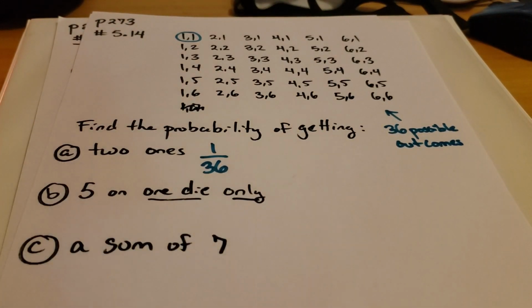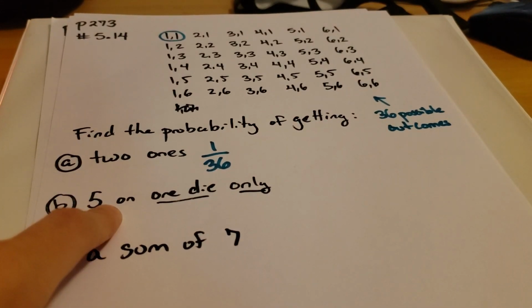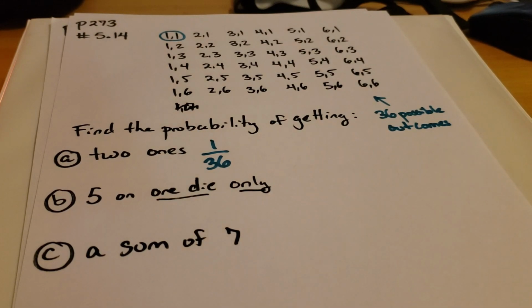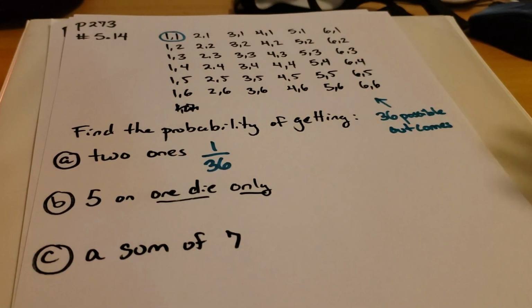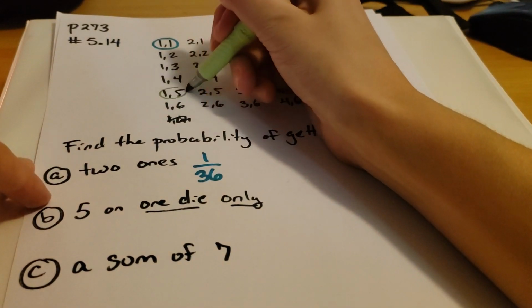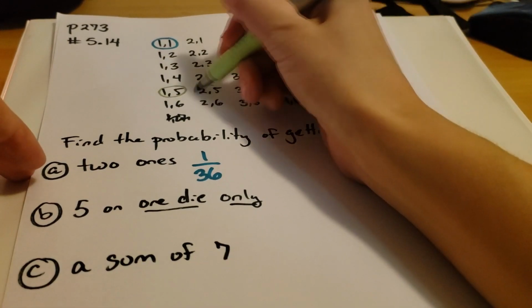Okay. Now we want to find the probability that, the way the book worded this, a 5 is on one of the dice and a different number is on the other die. So again, this is one that's kind of hard to try and list all of the possible ways that can happen. But if we have a sample space over here, what we can do is search for places where that happens. So we want one number, right? So here we have a 5, and then here we have a number that's not a 5, right?